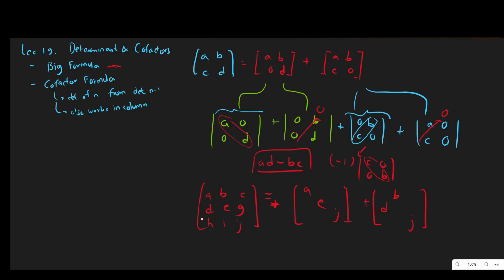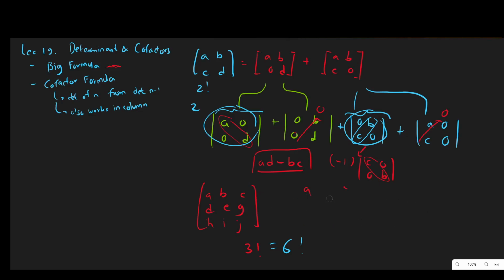How many of them? In the case of 3 by 3, you guessed it, it's 3 factorial. In this case, it's 2 factorial. That's why there are 2 terms with non-zero determinant here, and in the 3 by 3 case there will be 6 of them.